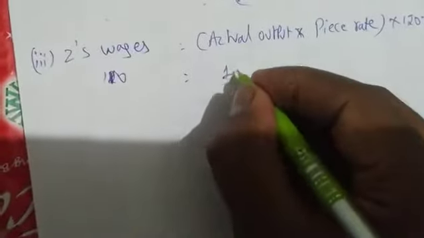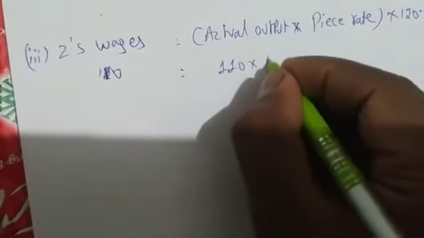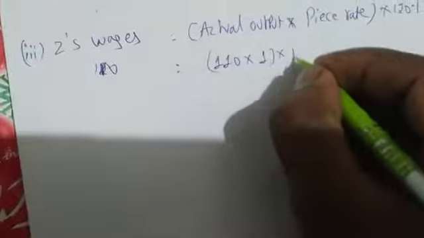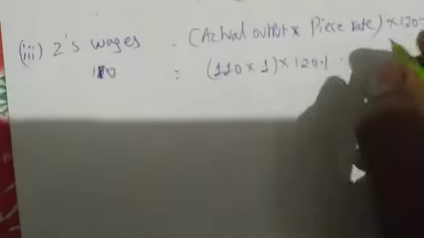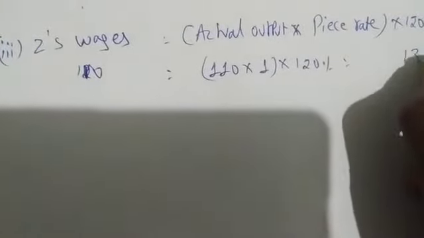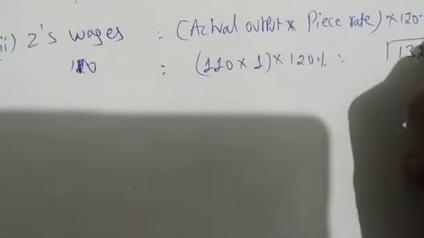Actual output is 110 into 1 piece rate into 120%. So 110 into 1 is 110, into 120% you will get 132 rupees.